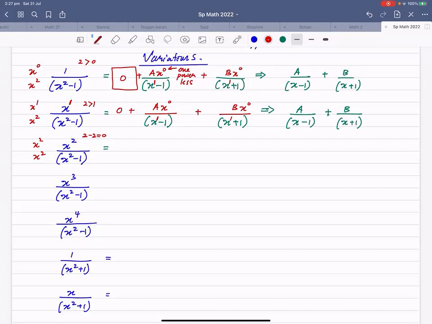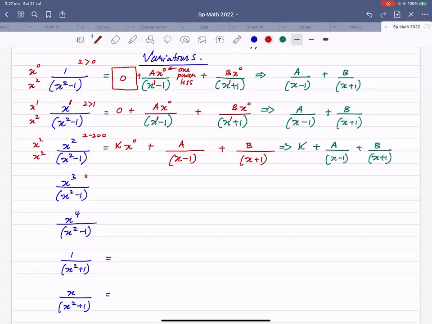So you are going to put x to the power 0 here, plus a by x minus 1 plus b by x plus 1. So this can be written as k plus a divided by x minus 1 plus b divided by x plus 1.